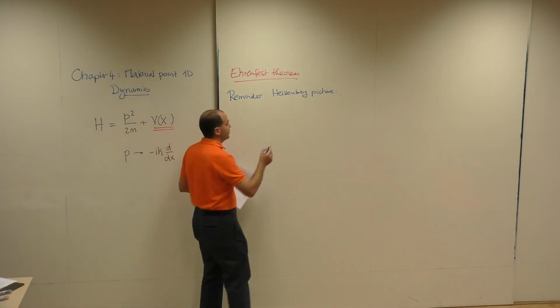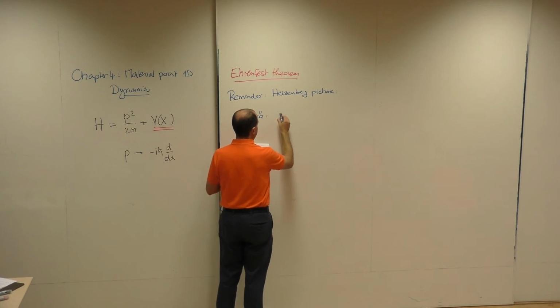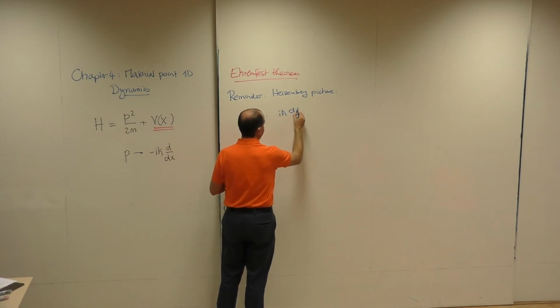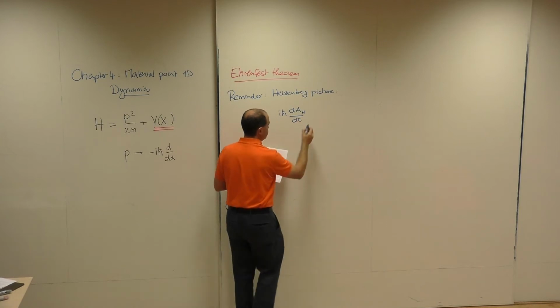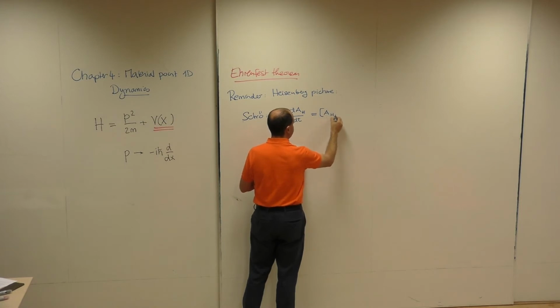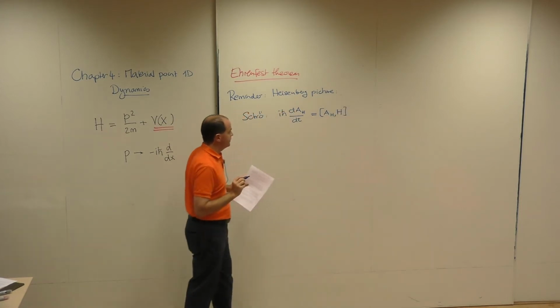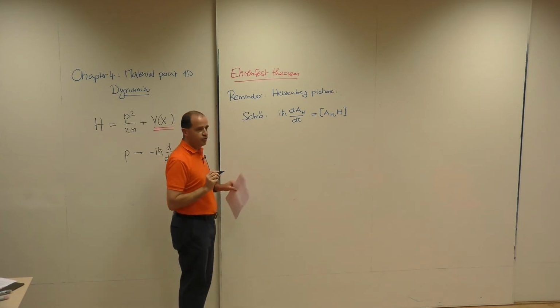If you remember, in the Heisenberg picture, the Schrödinger equation became something like iħ dA_H/dt, that's the operator, equal to the commutator between A_H and the Hamiltonian. Okay, so let's do it with position and momentum.